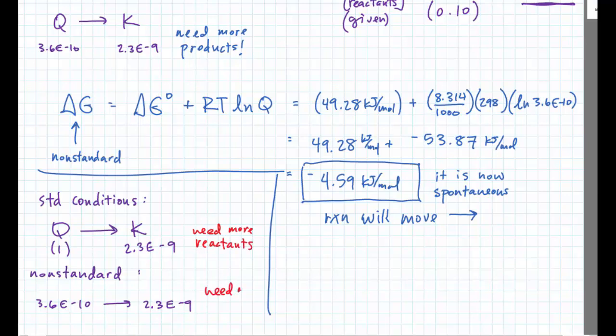Need more products. Excuse me. One more. And there are consequences for delta G in both of those cases. When we're going in a direction where we need to make more reactants, what kind of delta G is that?